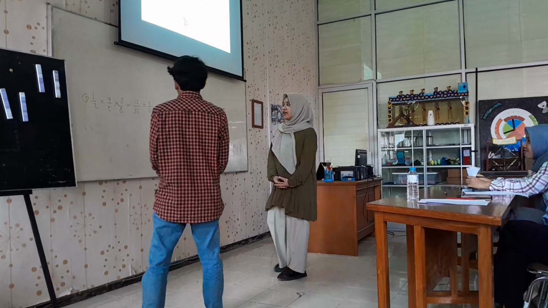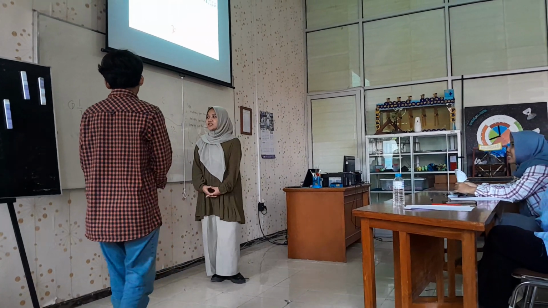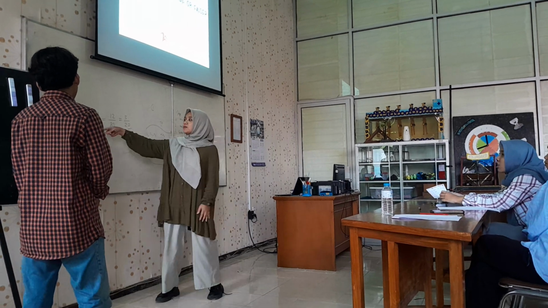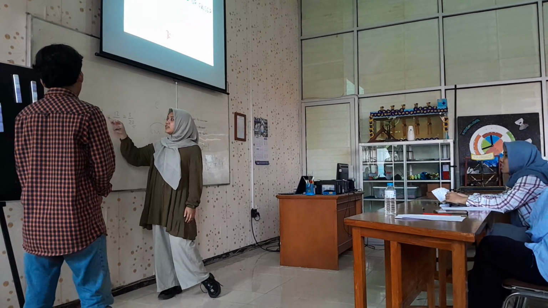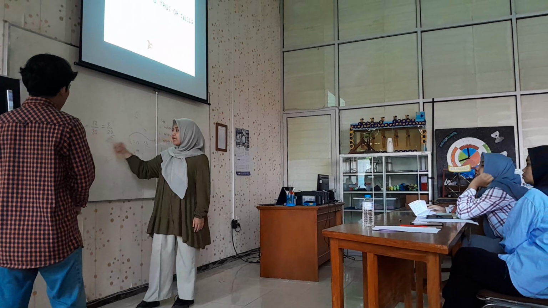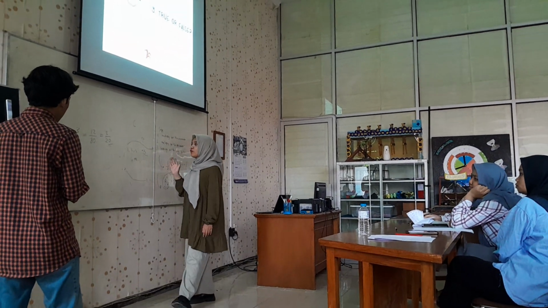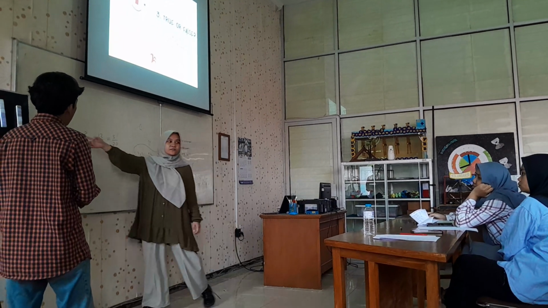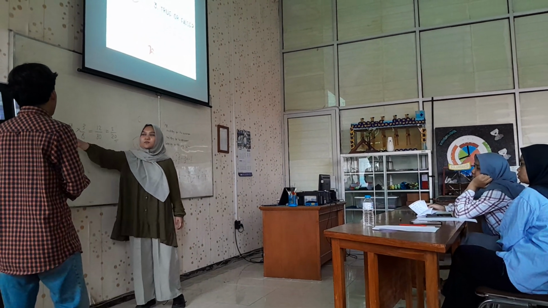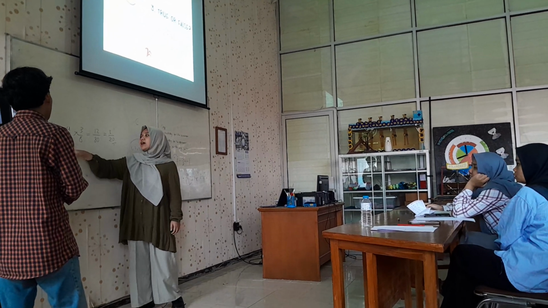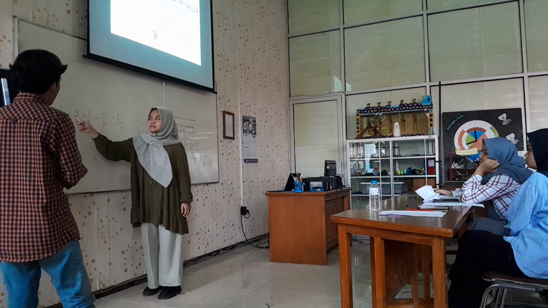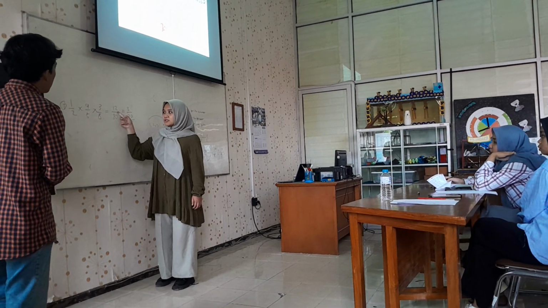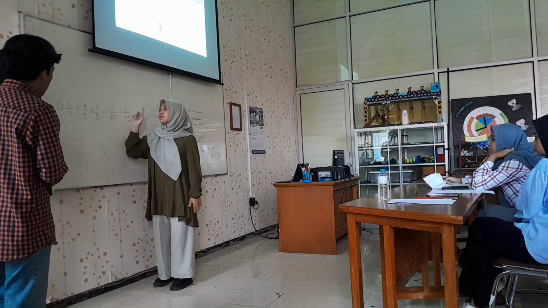Let's check. Okay, is that correct? So we have the problem 1/2 multiply 4/5 and then multiply 3/8. We also follow the steps. First we multiply the numerators: 1 times 4 times 3 equals 12.